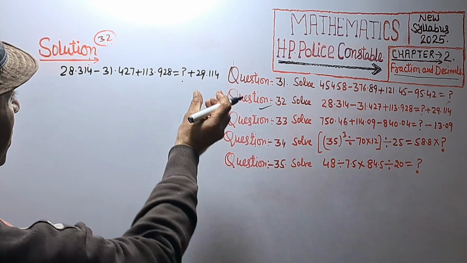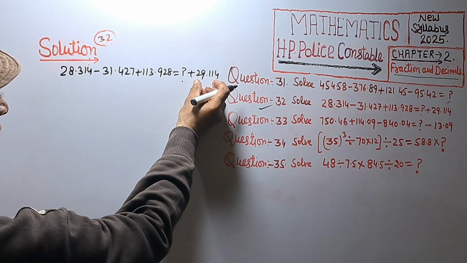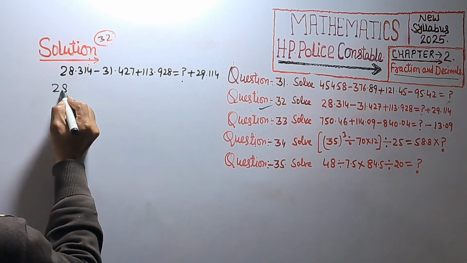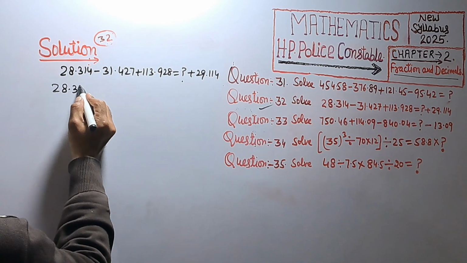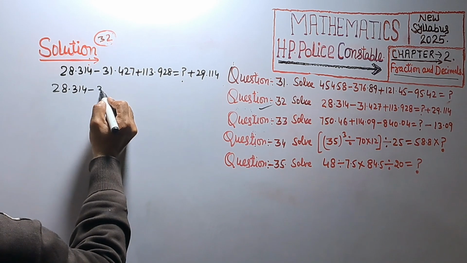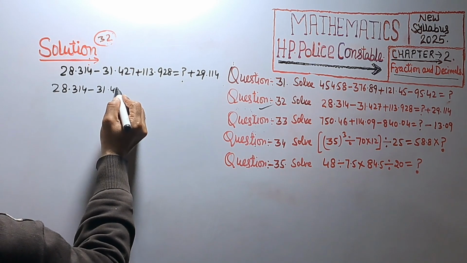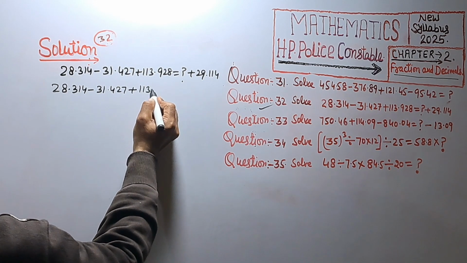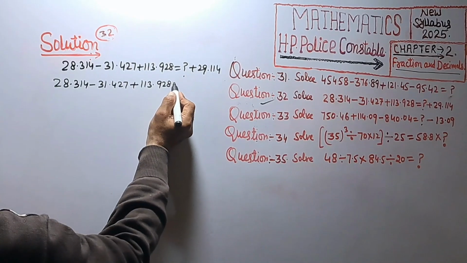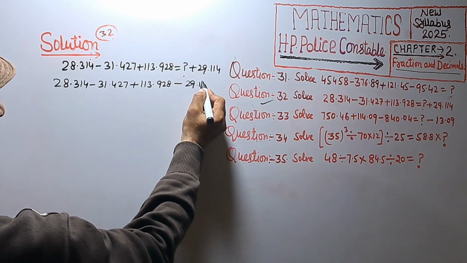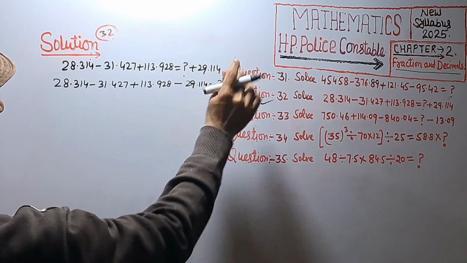First of all, we are shifting 29.114 in left side. 28.314 minus 31.427 plus 113.928 as it is, and this number will be negative 29.114 equal to sign of interrogation.